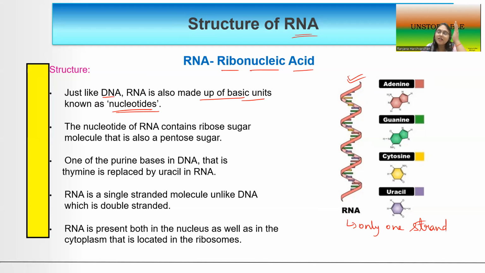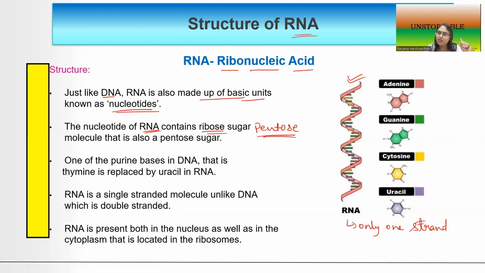Let us find out whether the sugar molecule and the nitrogenous bases are also the same in RNA as in DNA. We see that the sugar molecule which makes up RNA is not deoxyribose, rather it is ribose sugar. Ribose and deoxyribose are both examples of pentose, that is, sugars having 5 carbon atoms in them.